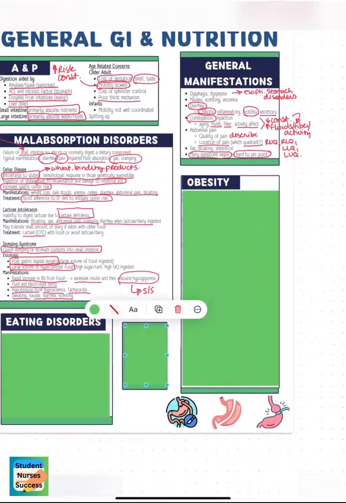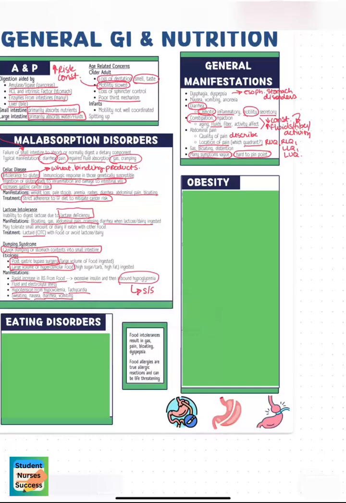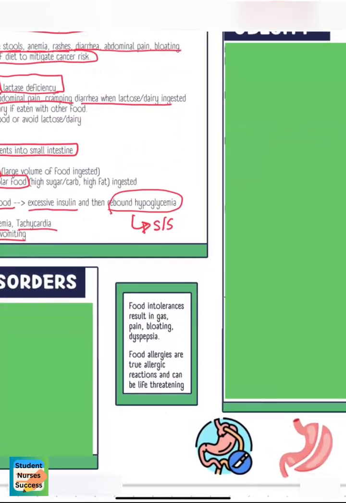Now, I'd like to call your attention to this little box down here, where I've made a little note because I think this is an important thing to consider. Food intolerance results in gas, pain, bloating, and dyspepsia. And food allergies are true allergic reactions that can be life-threatening. Sometimes we eat a food that we're intolerant to, and it just upsets our stomach.